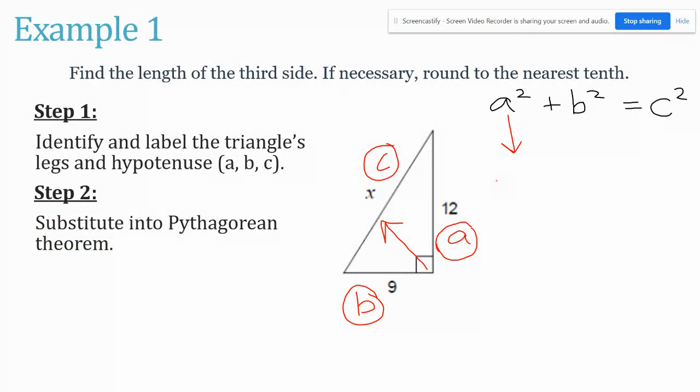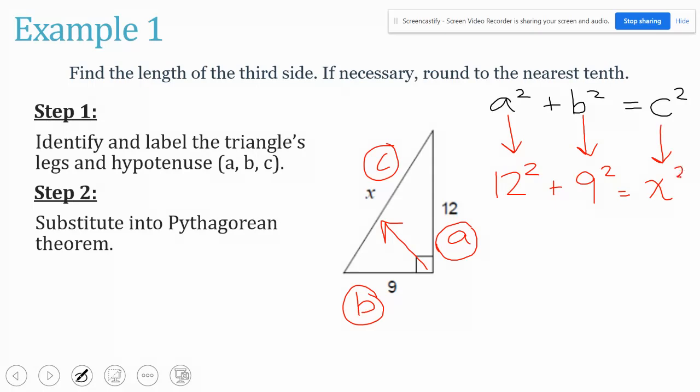So I'm going to write 12 squared plus, now B is equal to 9. So instead of writing B, I'm going to write 9. 9 squared equals C squared. And in this case, the C is X. We don't know what that is. That's the unknown. So we're going to try to find that. So that is X squared. So all I did was identify A, B, and C, and plug it into the Pythagorean theorem.